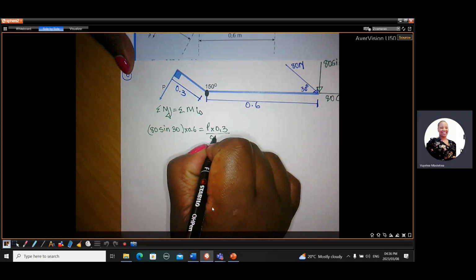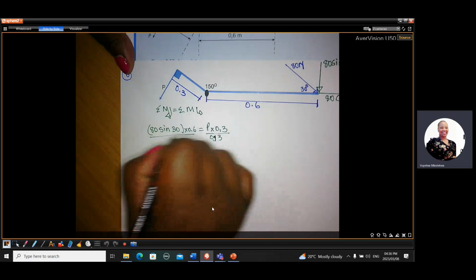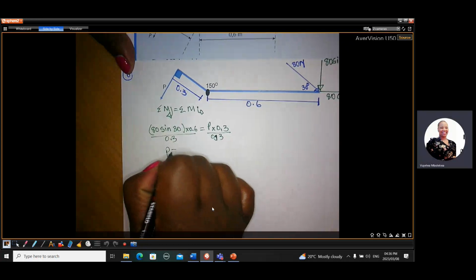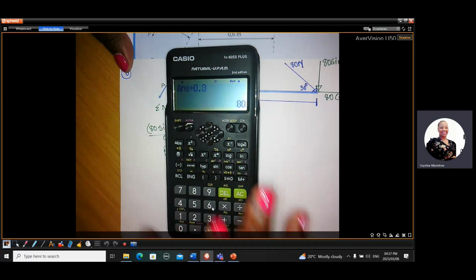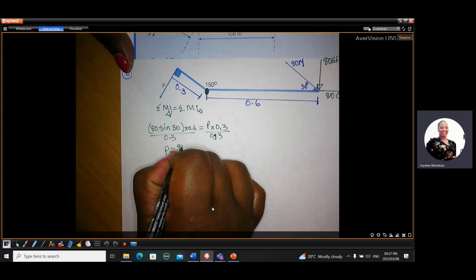Divide by 0.3 both sides to get P. So P is going to be 80 sine 30 times 0.6 all divided by 0.3. It's 80 newtons. Now that we have found P, we're going to do the same thing.